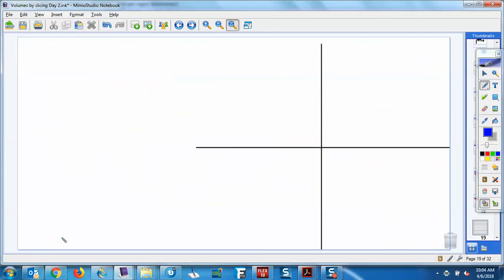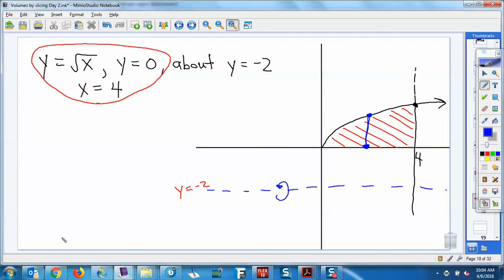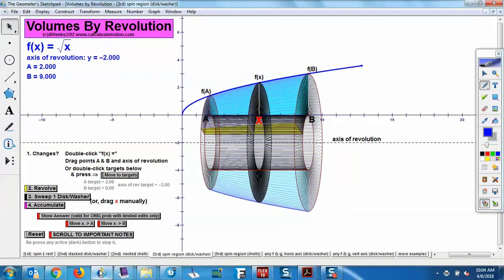Well, where does big R come from? It's got to come from the center. And where's the center? The center is your axis of revolution. Here's your center. So big R has to go from here all the way up to the curve, and little r has to go from here to the inside part of the washer, right?